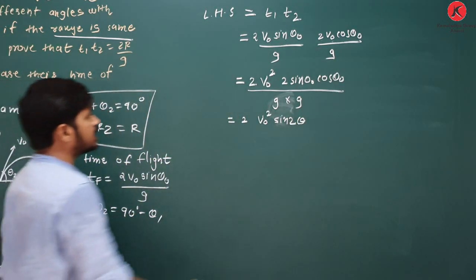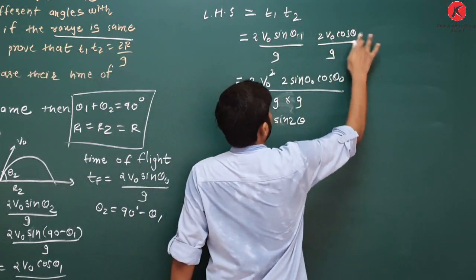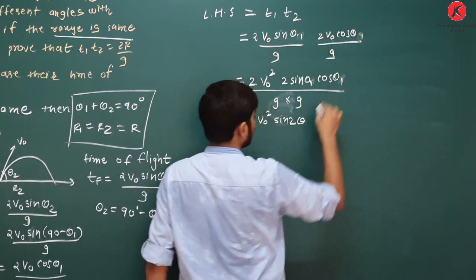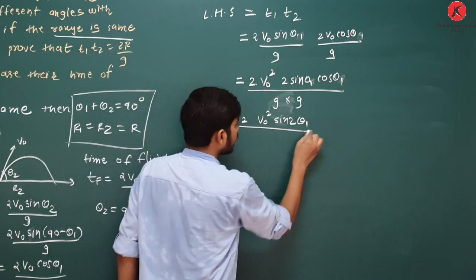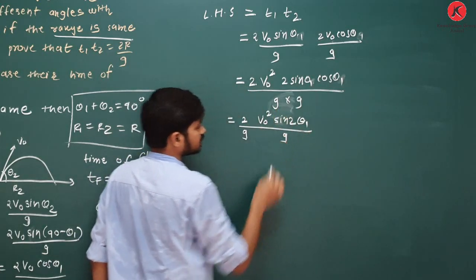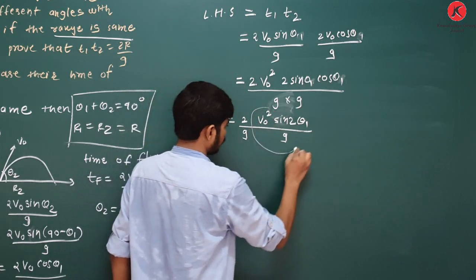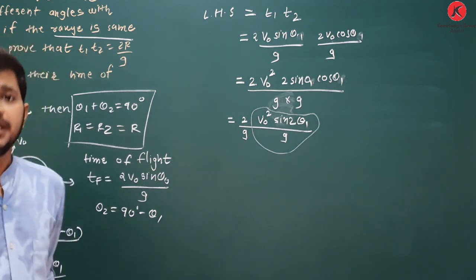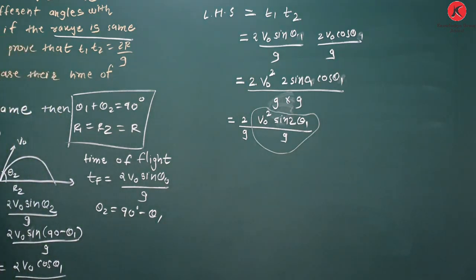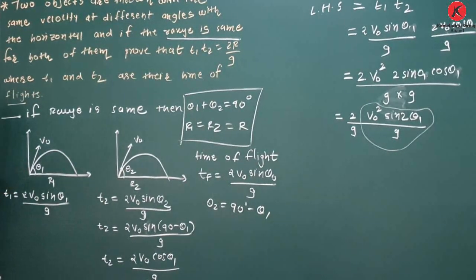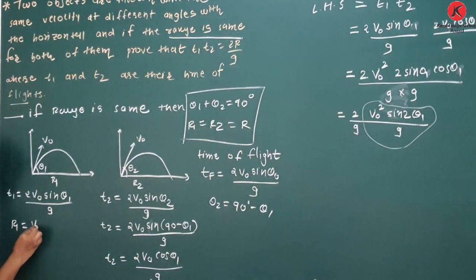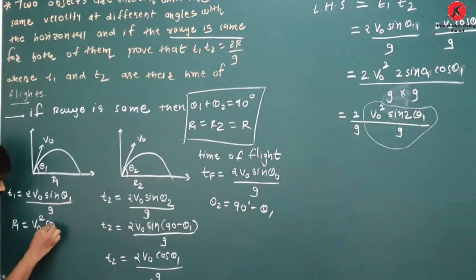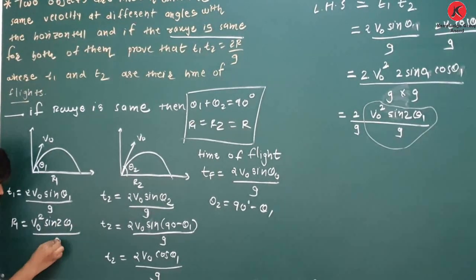Here it is theta 1. Then it is 2 times V0 squared sin 2 theta 1 divided by g and g. Observe this expression, V0 squared sin 2 theta 1 upon g. If you remember the equation of range, for the first case, R1 is equal to V0 squared sin 2 theta 1 upon g.